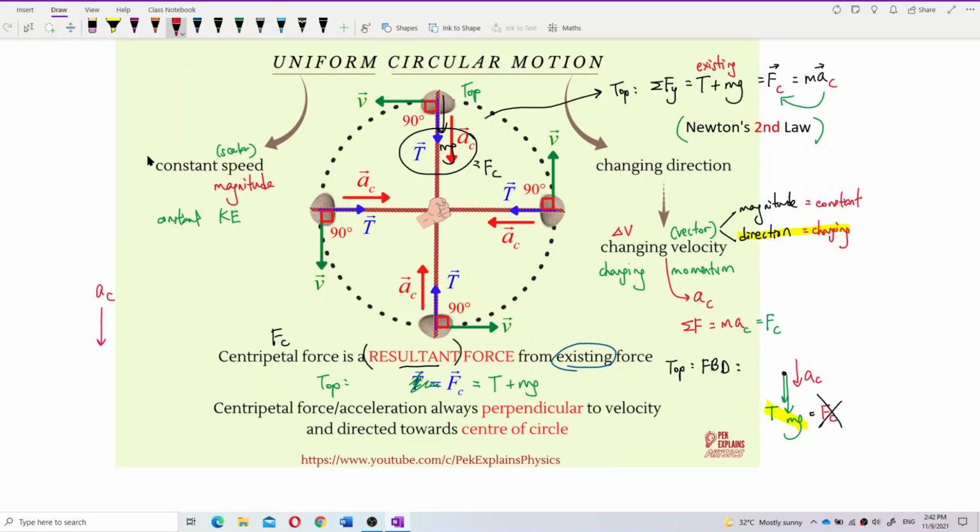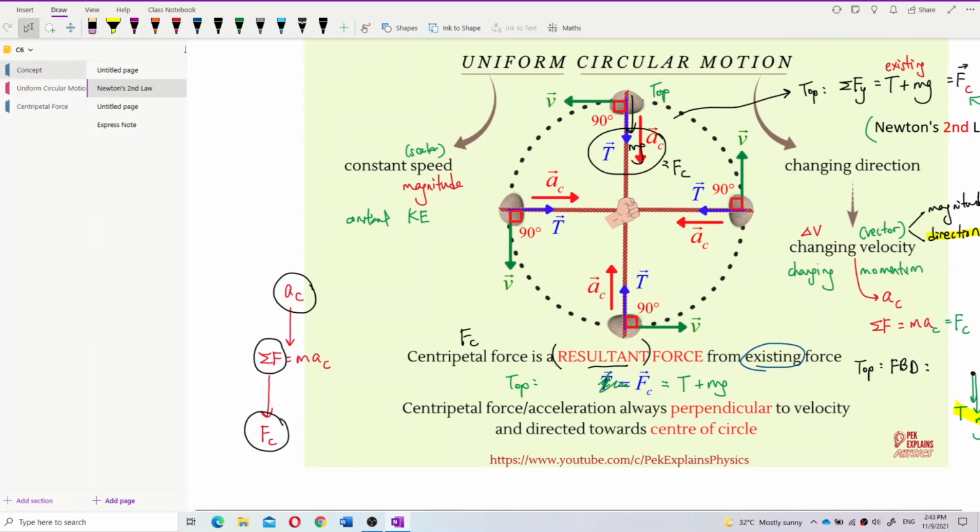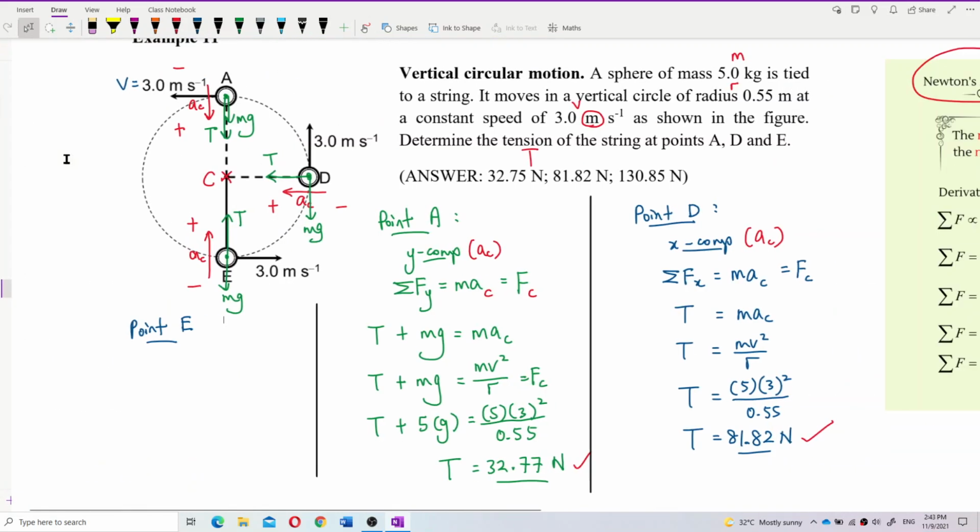The centripetal acceleration is where you can find the resultant force, and the resultant force is the centripetal force. Remember the step.